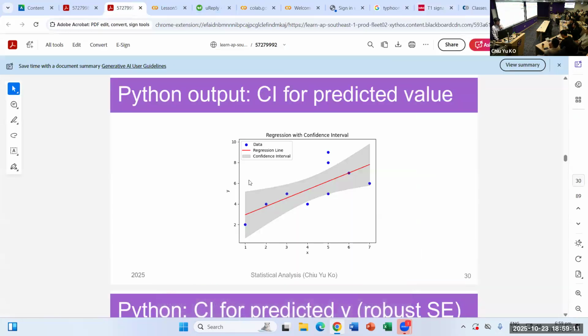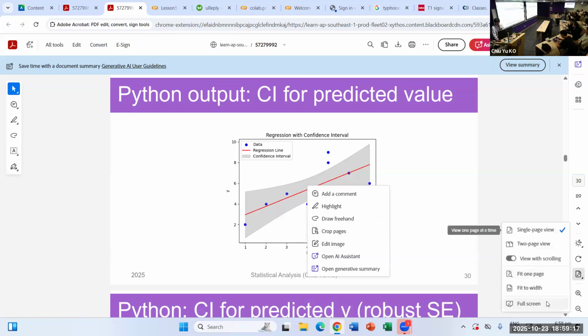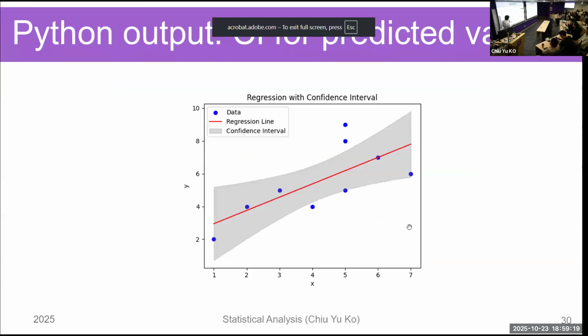Same in our model: if you are closer to the center of the data, x bar, y bar, the range is smallest. But when you go further away, the range will be higher, because we have high confidence near the center of the data, the average of x and average of y, but less confidence far from the center.